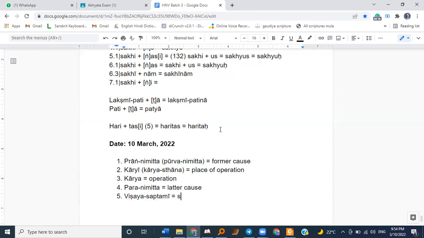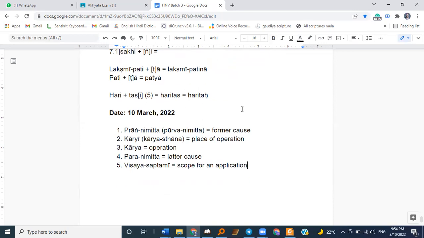Let's say the scope for an application, for an easy understanding. So these are the things we find in a sutra, in Harinamamrta Vyakaranam.